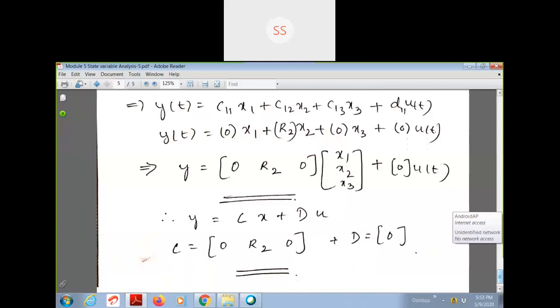The 3 state equations and 1 output equation we have written together represent the state model for the given circuit diagram.